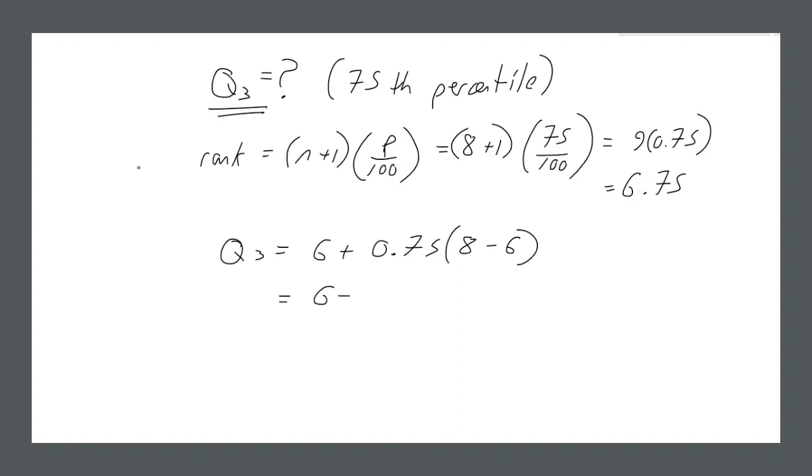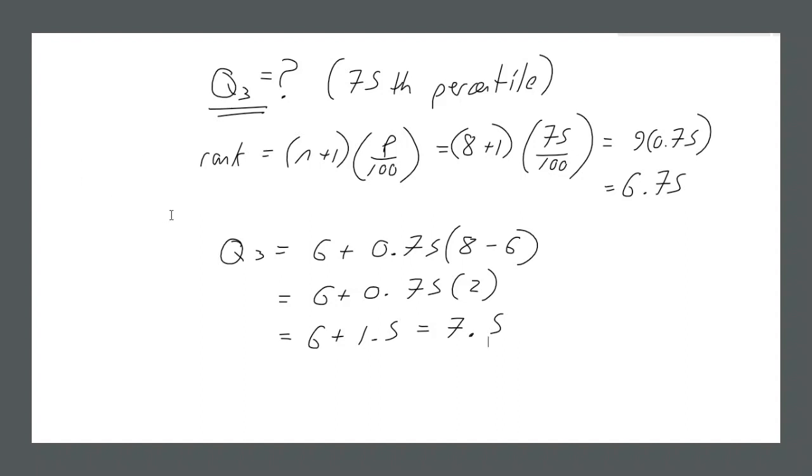So that's 6 plus 0.75 times 2, which is 1.5. 6 plus 1.5 is 7.5. And that's our third quartile.